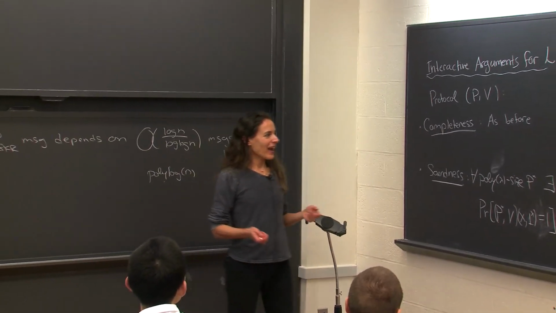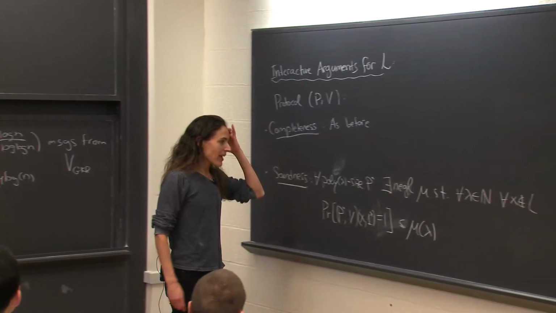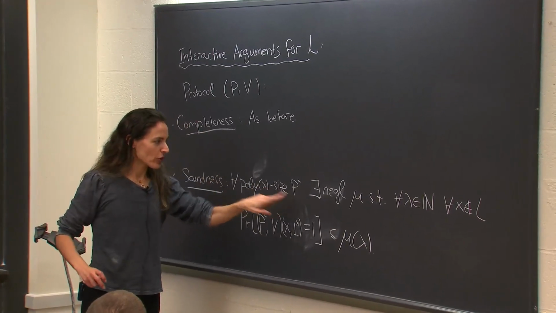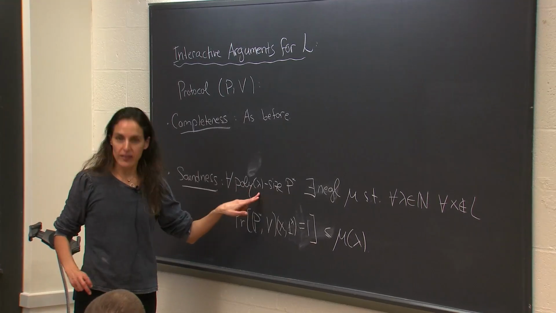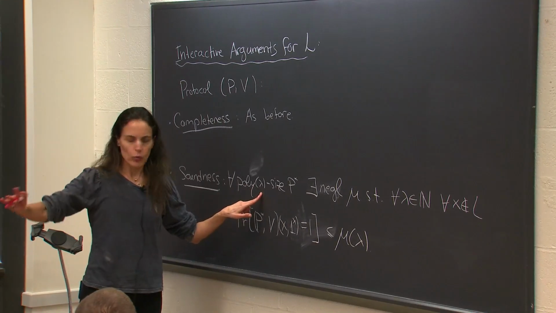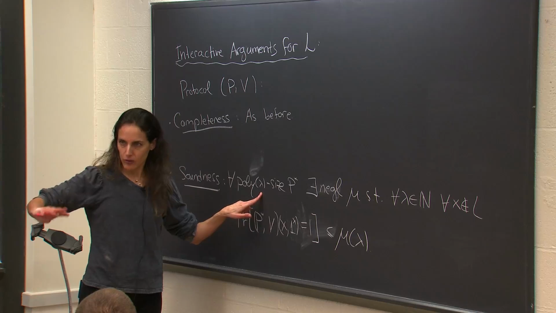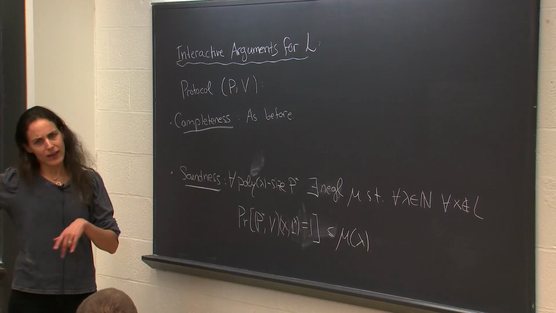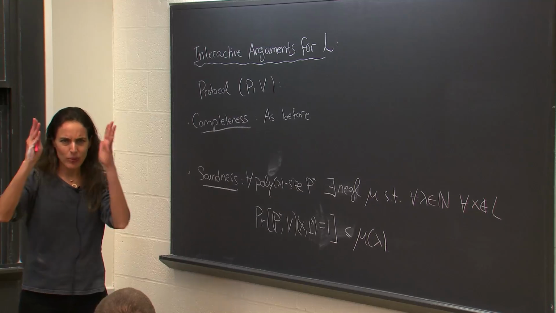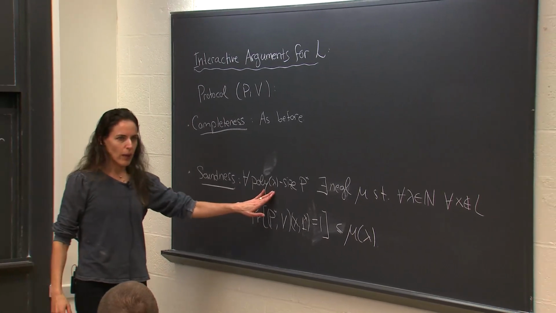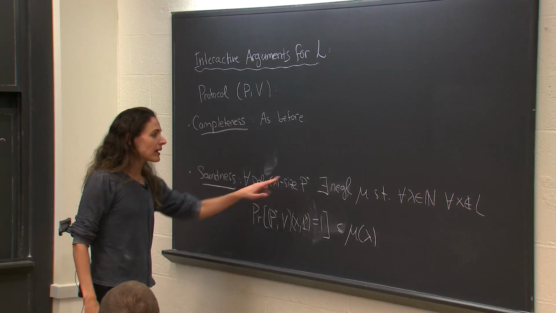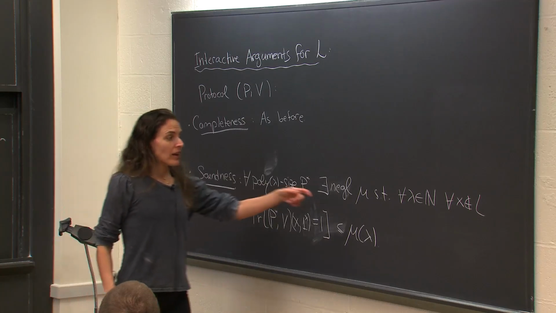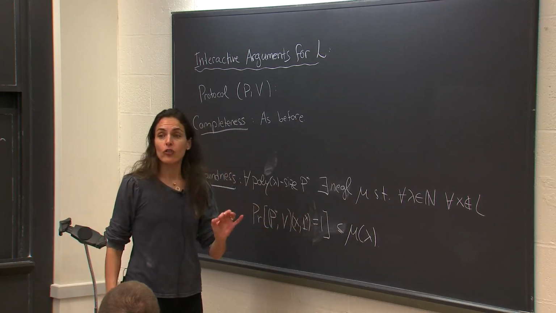So the soundness says that any real-world cheating prover, real-world meaning it runs in time polynomial in the security parameter, we're going to denote the security parameter by lambda throughout this class. Sometimes it's called n, and sometimes k. Here n is going to be input size, so we're just going to use lambda. So for any P star of size polynomial in the security parameter, he can win only with negligible probability.